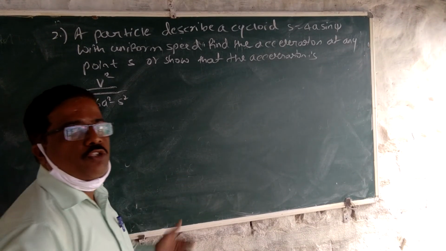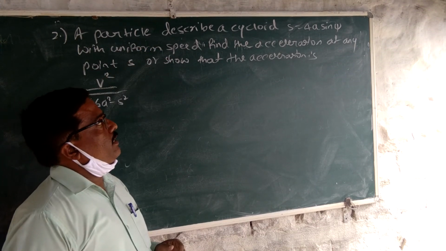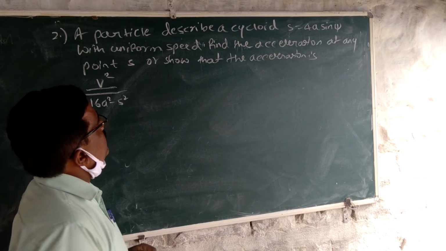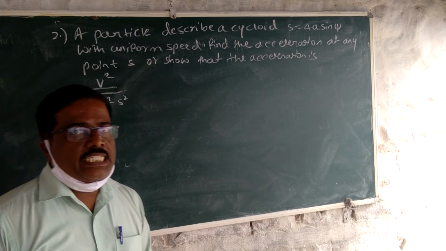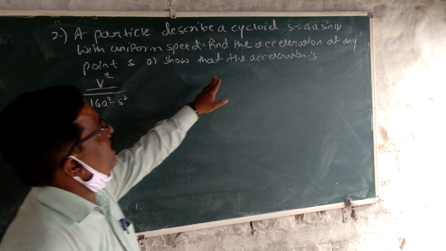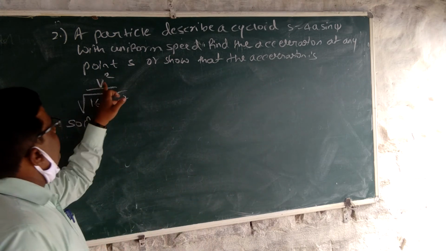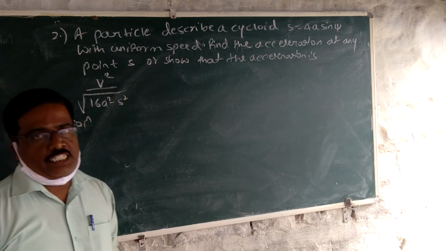Next we solve another problem. A particle describes a cycloid s equal to 4a sin psi with uniform speed. Find the acceleration at any point s, or show that the acceleration is v square divided by square root of 16a square minus s square.